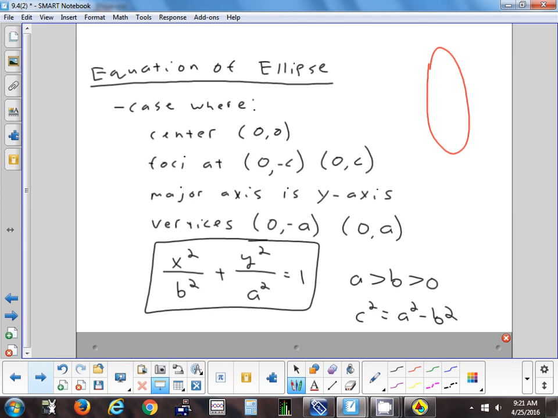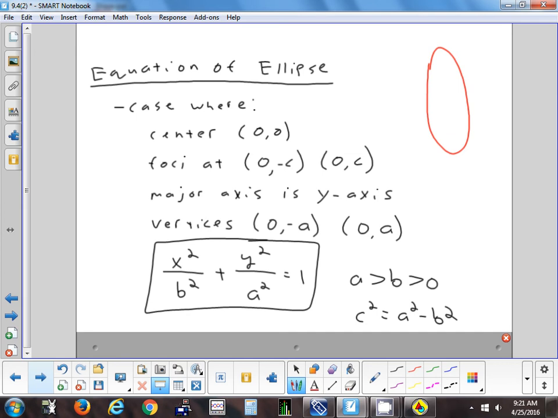All the other information about A, B, and C is the same. A is still bigger than B. B is still bigger than 0. And we still use C squared equals A squared minus B squared. No change there. I think I already mentioned it, but can anybody tell me the only difference between this equation and the one you just had? B and A are switched. Yep, that's it.